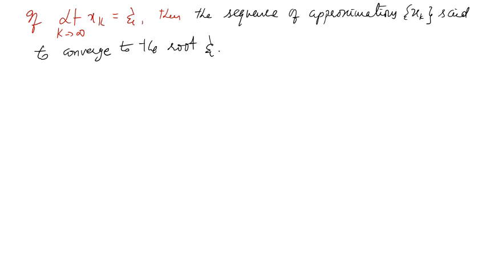This is the convergence definition. The approximate roots converge to the root xi if the limit of xk as k tends to infinity equals xi.